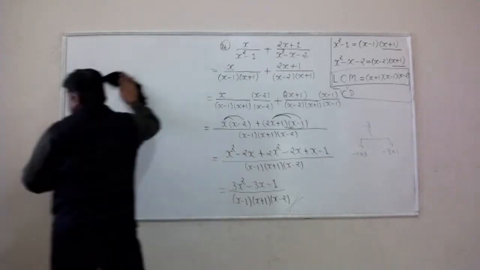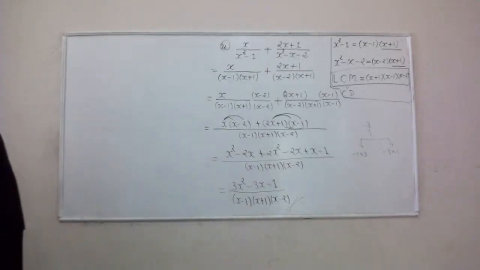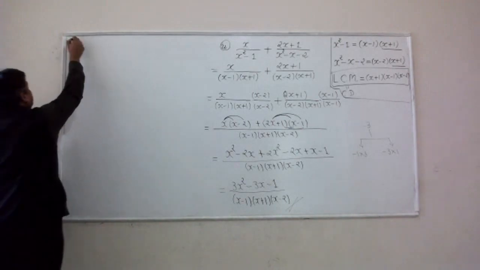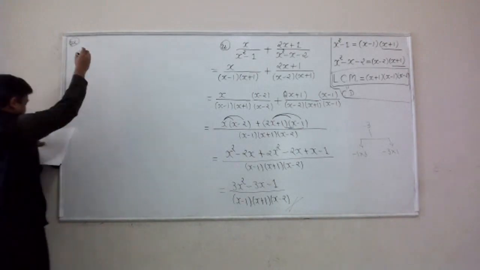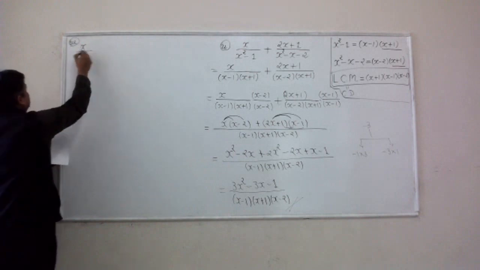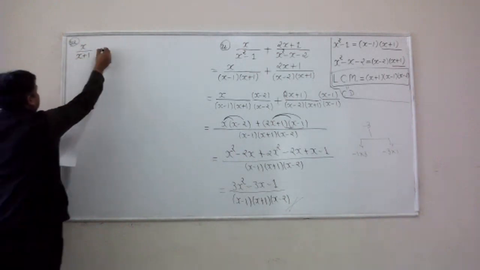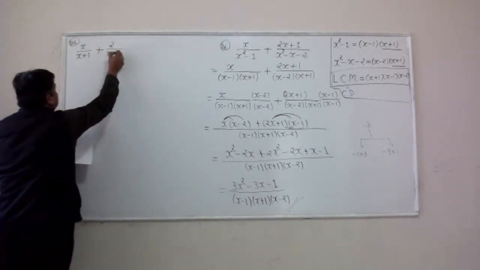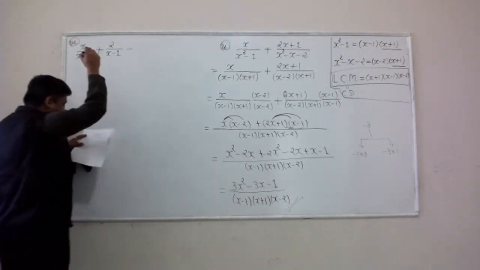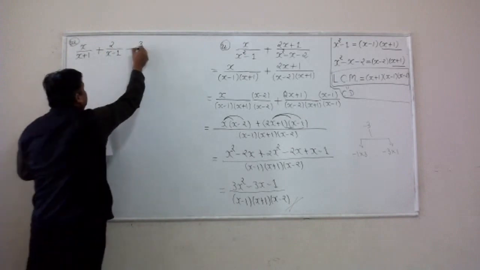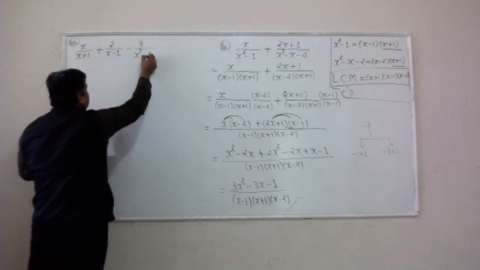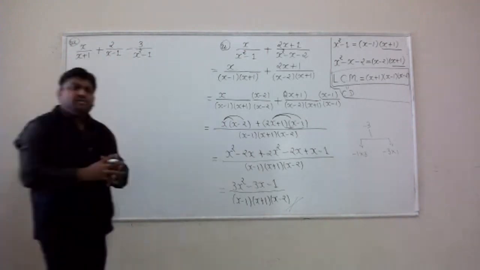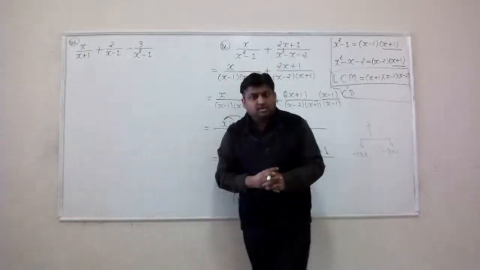In problem 1, the third sub-problem has this expression: x over x plus 1, plus 2 over x minus 1, minus 3 over x squared minus 1. All right, I would like to add 3 rational expressions.